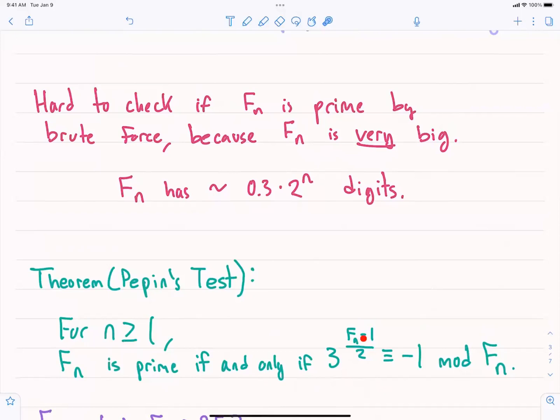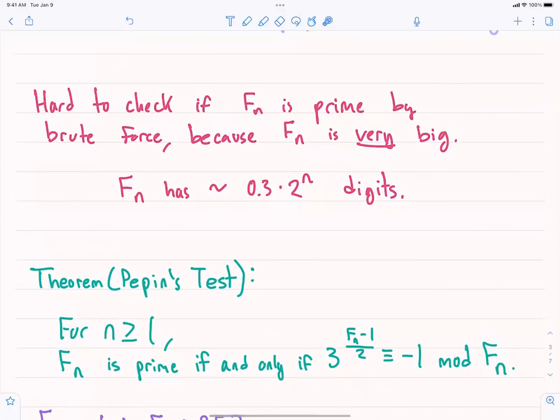You're raising something to a very large power modulo something very large, but we know that raising things to large powers isn't really that big of a deal because we can use the method of successive squaring. So this still works a lot better than trying to divide by every number by brute force.